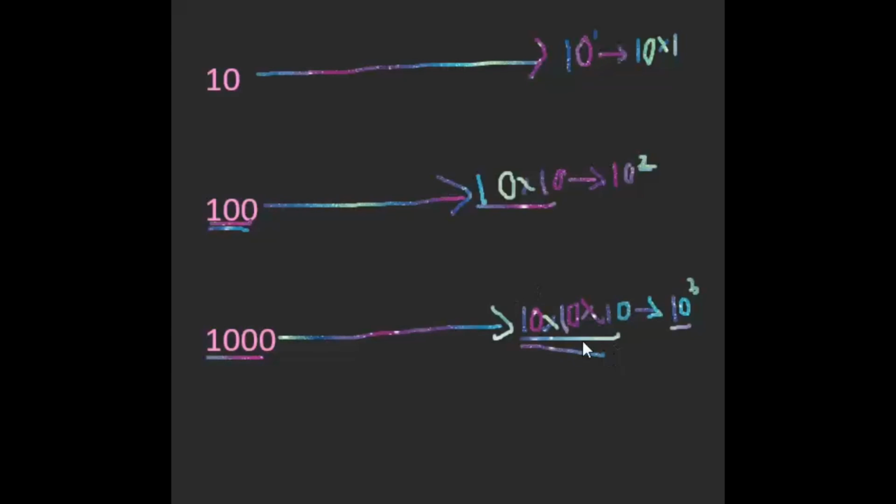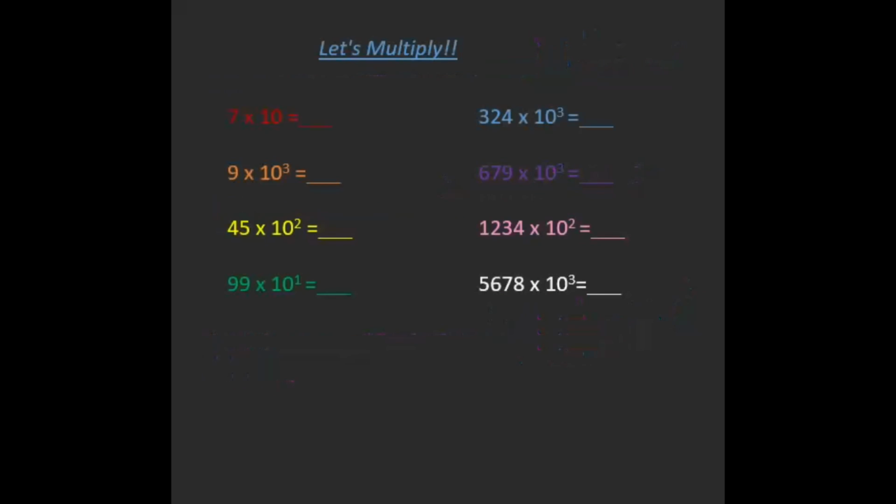And that 10 multiplied by itself 3 times is equal to 1000. So it's basically an easier way to write down 10 times 10 times 10, or 1000.